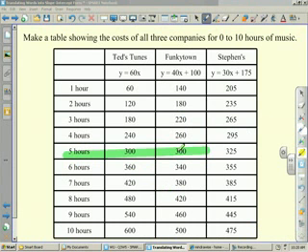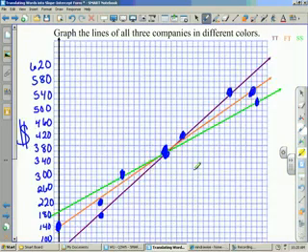In our table, we said that Funkytown we could use for 5 hours. Well, 6 hours is the best deal out of these 3, and 7 hours is the best deal out of these 3. When we get to 8 hours, we're back to Stephen's. So we're going to use Funkytown for either 5, 6, or 7 hours.